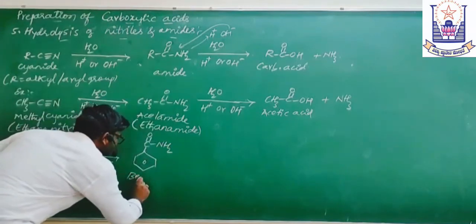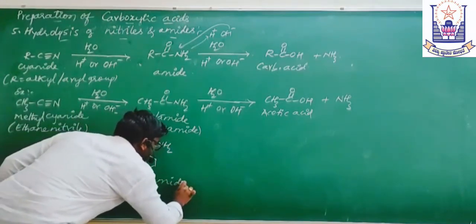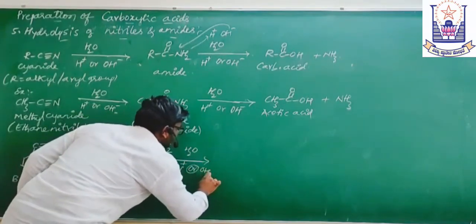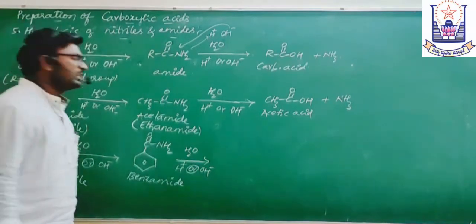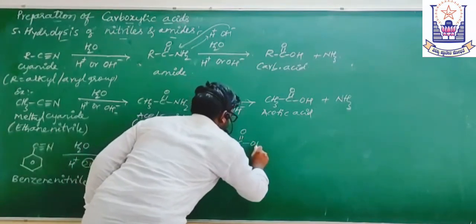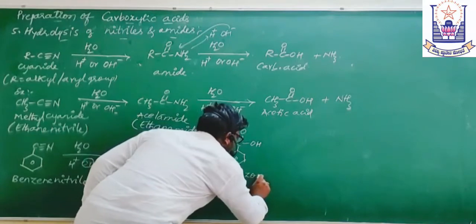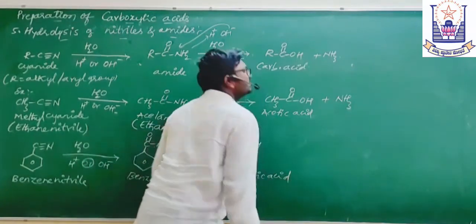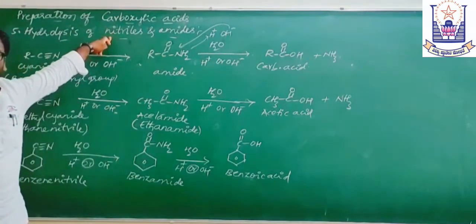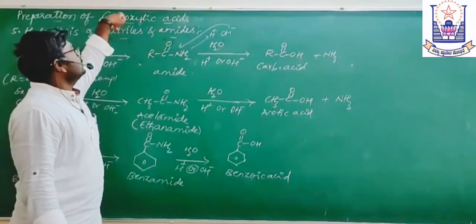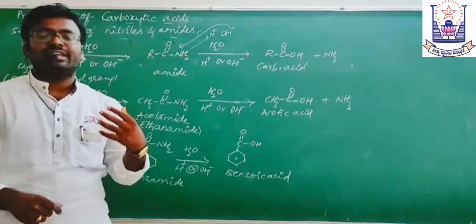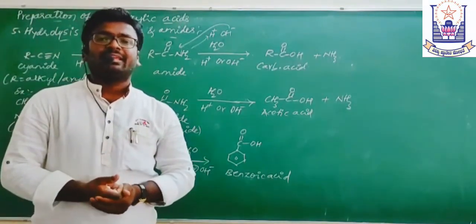Further hydrolysis of this benzamide will give the corresponding carboxylic acid, that is benzoic acid. So this is all about the conversion of nitriles to amides to carboxylic acids by hydrolysis in the presence of an acid or base as a catalyst.